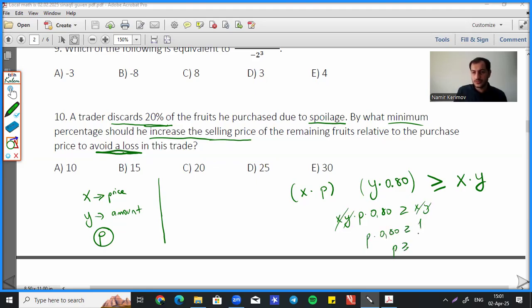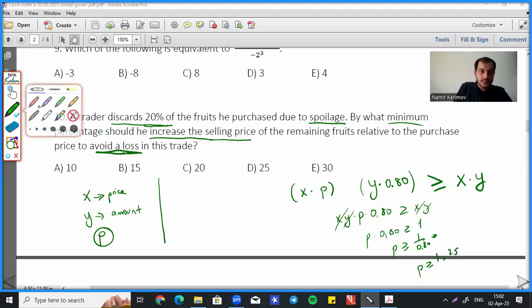So P should be more than or equal to 1 over 0.80, which should be 1.25, if I'm not mistaken. Yes, it's 1.25.